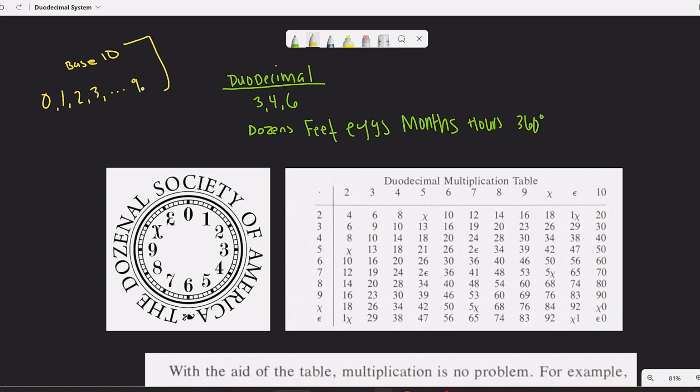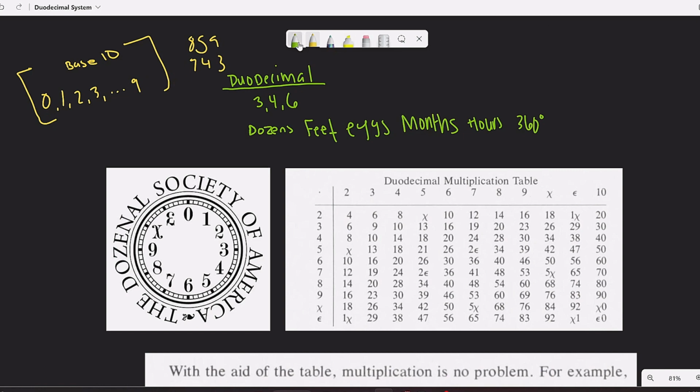This is base 10. We have 0 to 9, 10 digits to choose from to form any integer or any number we want, like 859 or 743.